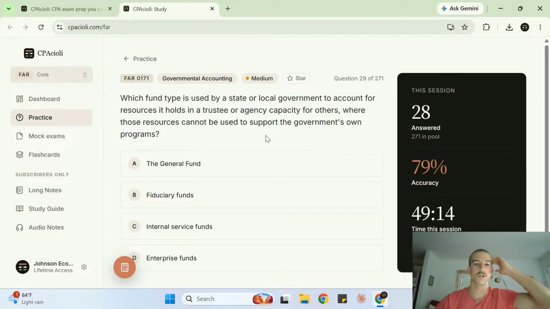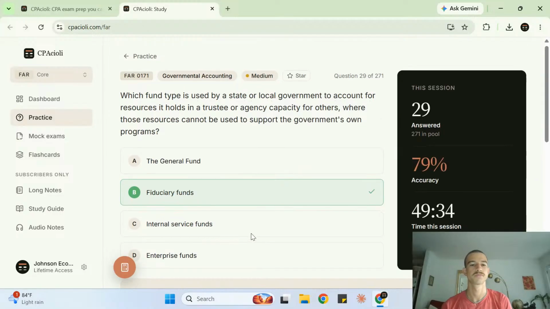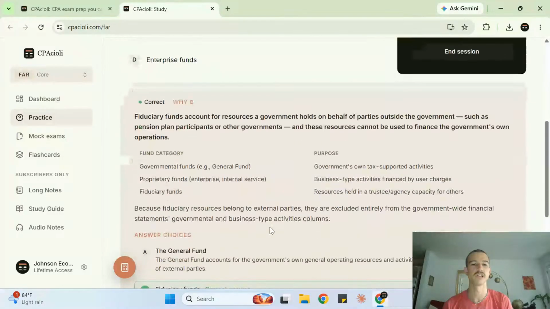Which fund type is used by a state or local government to account for resources it holds in a trustee or agency capacity for others, where those resources cannot be used to support the government's own programs? I think fiduciary. Pretty sure. Awesome. Because they're like pensions and stuff.